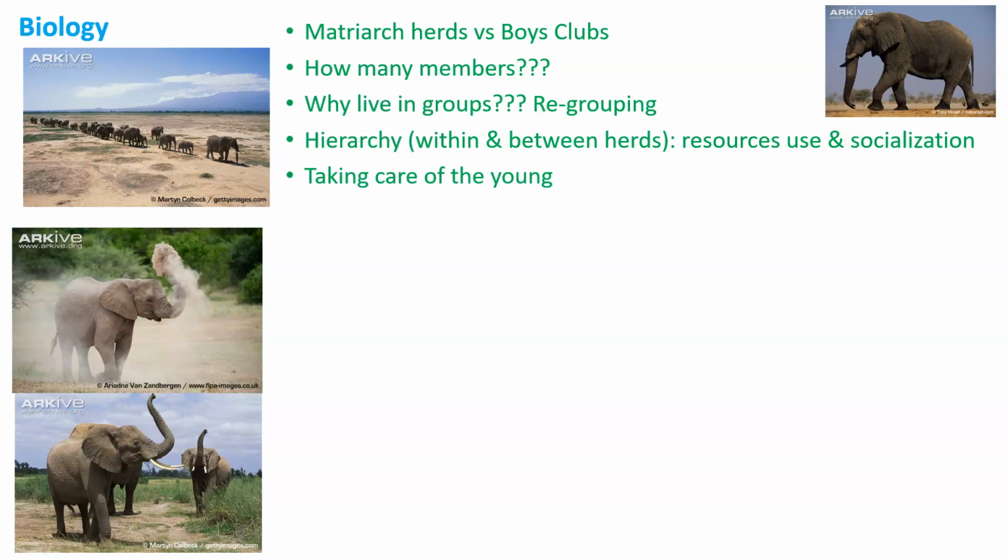Well, I did mention that taking care of the young is a very interesting phenomenon, and in fact, how many baby elephants do you think are born to a single herd at a time? Well, most often one.